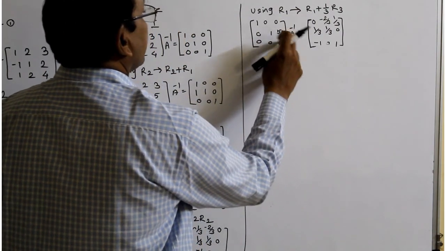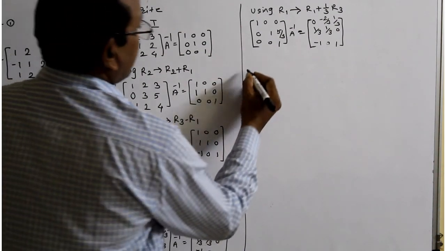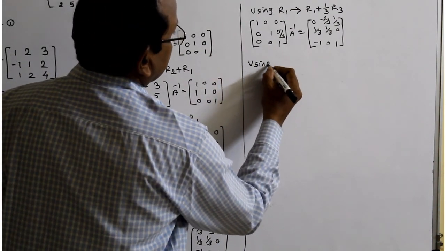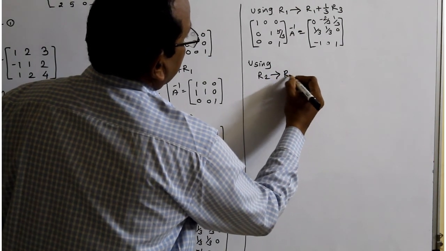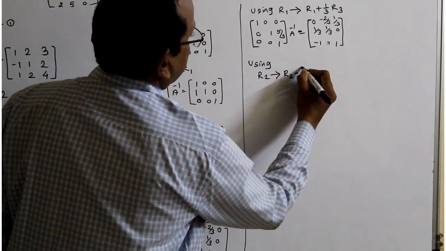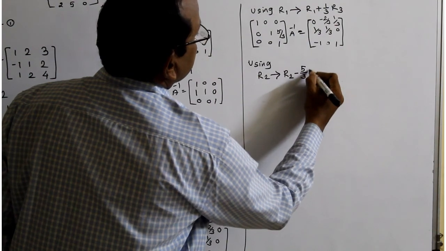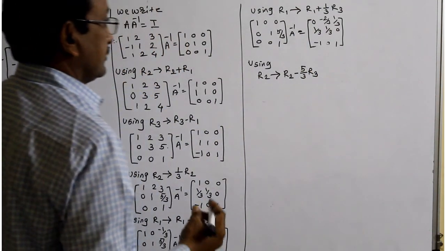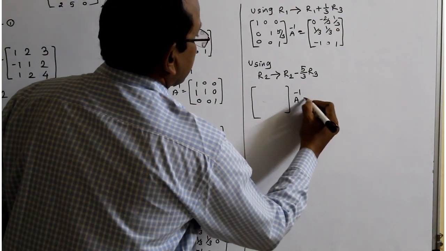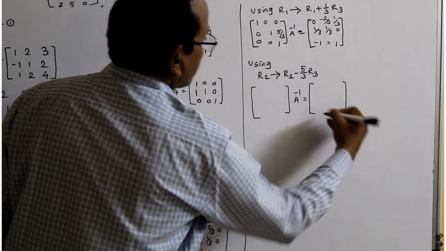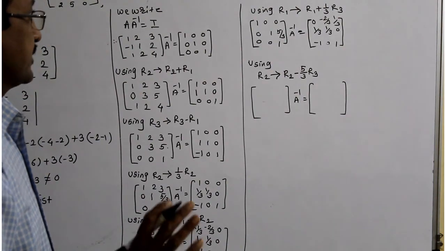So now obtain the 0 here. By using R2 implies R2 minus 5 by 3 times R3. So here A inverse is equal to the matrix. So where is the change? On the second row only.